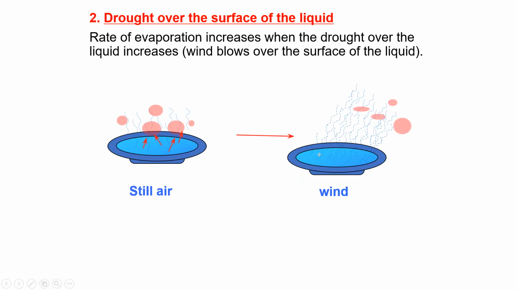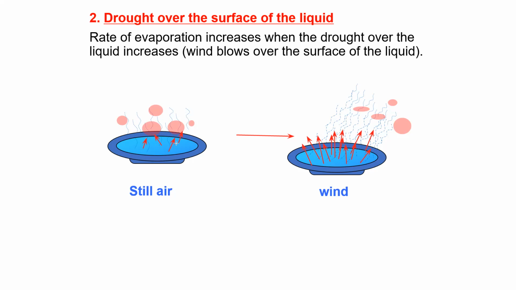As these particles move away, the other particles which are left behind can easily come out. That's why if you have wind, it will have a greater rate of evaporation compared to still air. Is it clear how the wind or the draught over the liquid surface increases the rate of evaporation? So if we increase the dryness or the draught, the rate of evaporation will also increase.